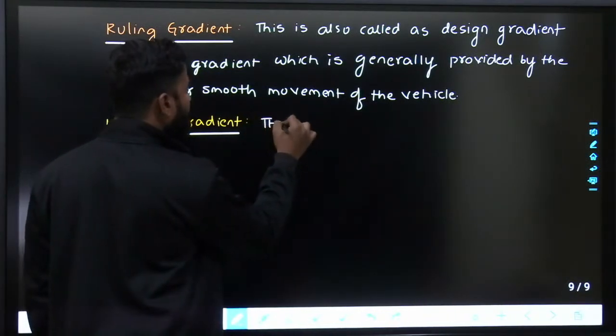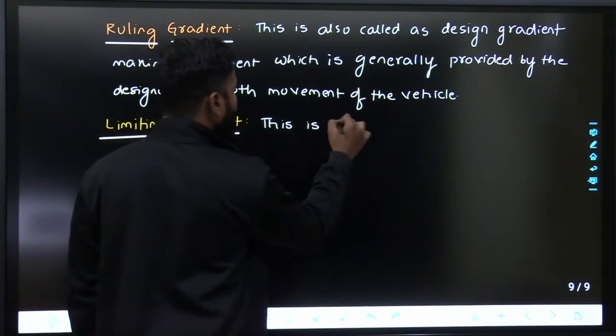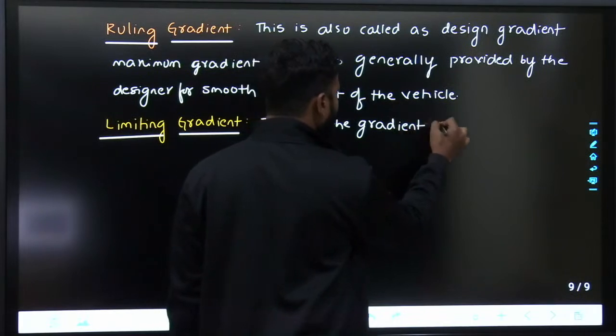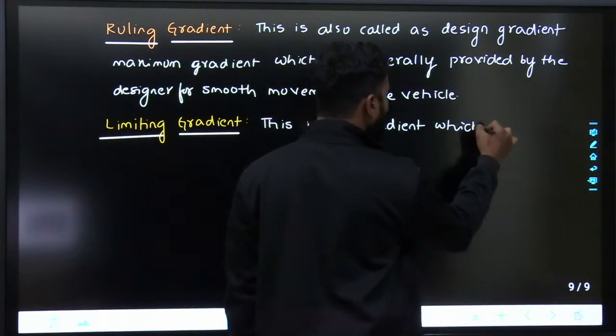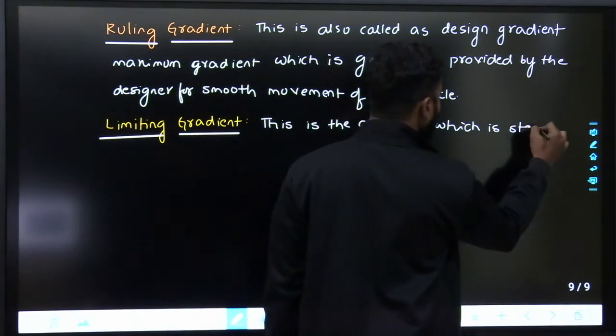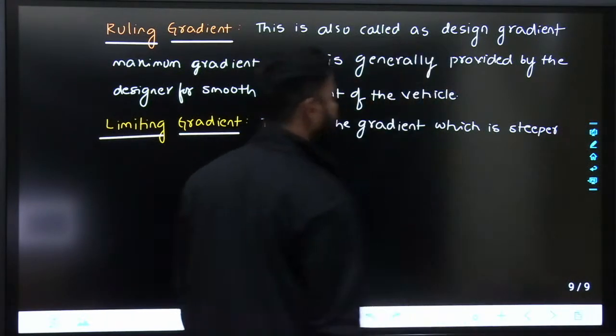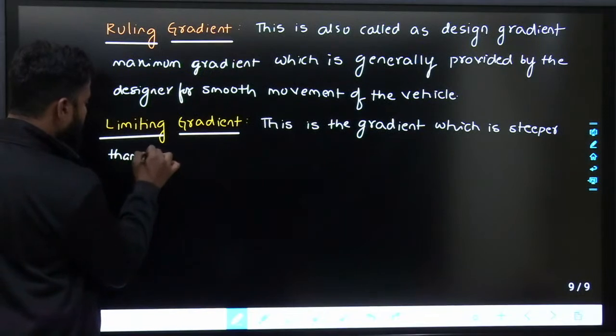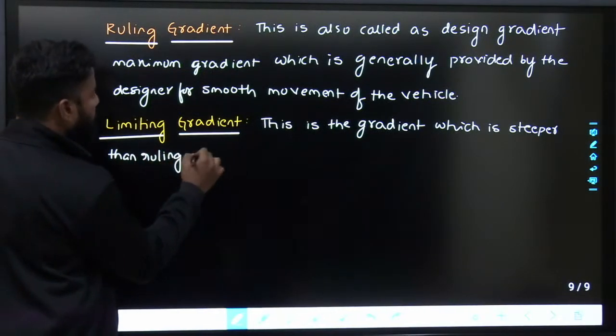Limiting gradient is the gradient which is steeper than ruling gradient.